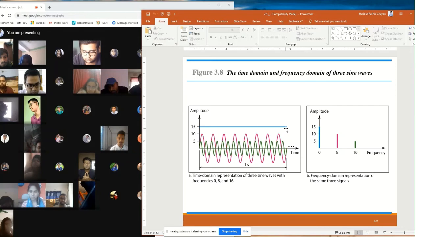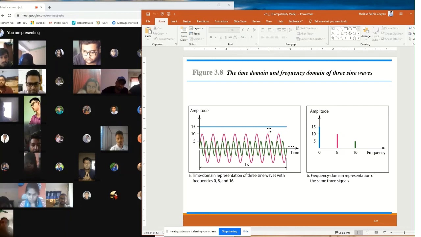Look at the blue one, this is one of our signals, and this is 1 second. Look at the blue signal: how many full cycles does it have in 1 second?